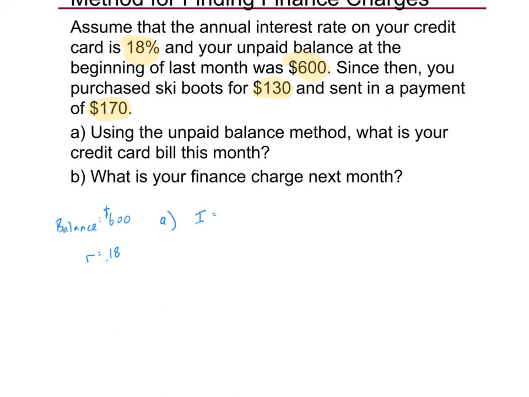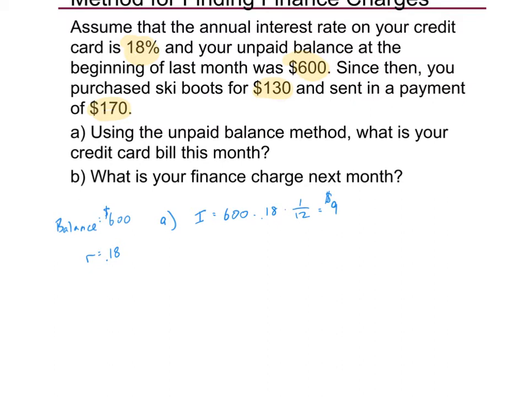Our previous month's balance is $600 times the interest rate, 0.18, times 1/12, because we're again just zeroing in on 1 month's time. Type that into your calculator, and it should tell you $9. So $9 is our interest for having this credit card for just 1 month with a $600 balance.